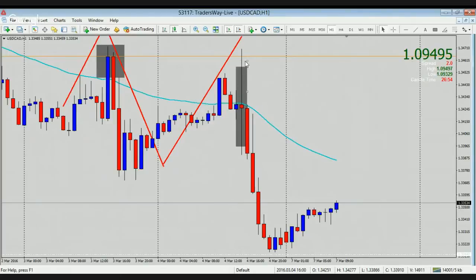So this wick right here, that top wick, we can use that plus the body to see if it engulfs the previous candle. Does it engulf the previous candle? Yes, it does. Now that's on an M formation, use the top wick. On a W formation, use the bottom wick.